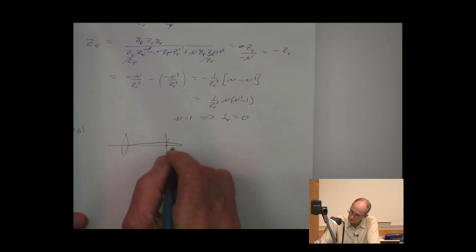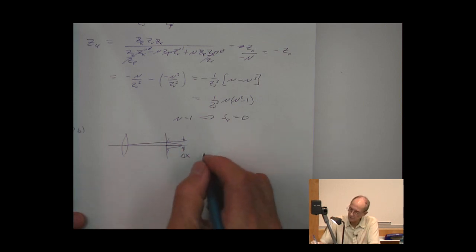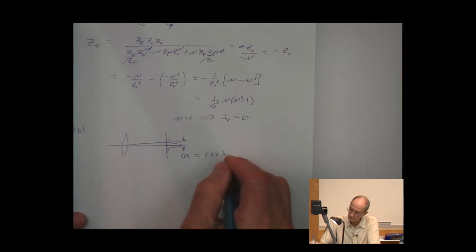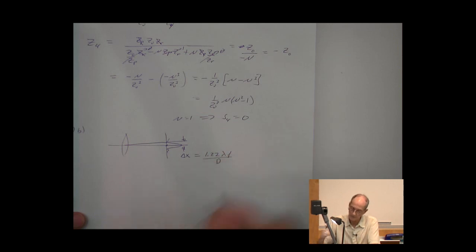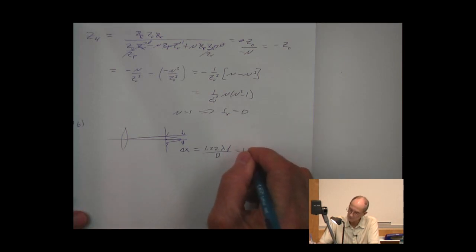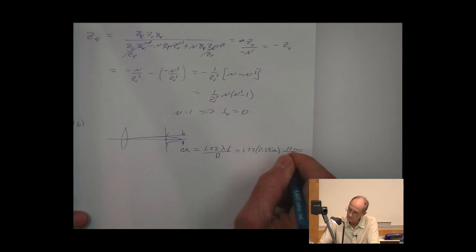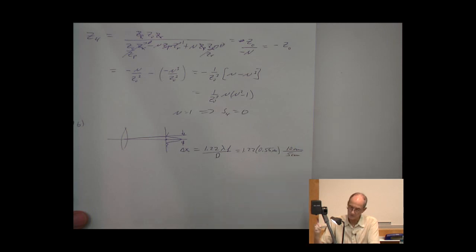So here's our Airy disk pattern, and this is the delta x that we need. That's equal to 1.22 lambda times the focal length over the lens diameter. So that's 1.22 times 0.55 micron times 10 centimeters over 5 centimeters, all right?